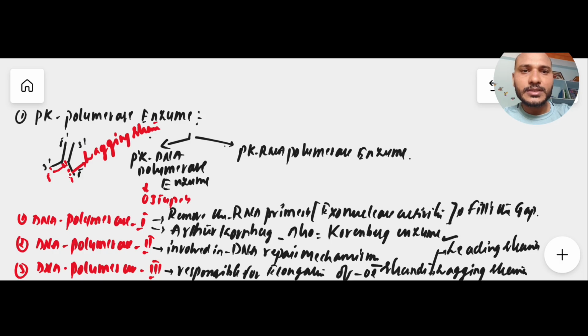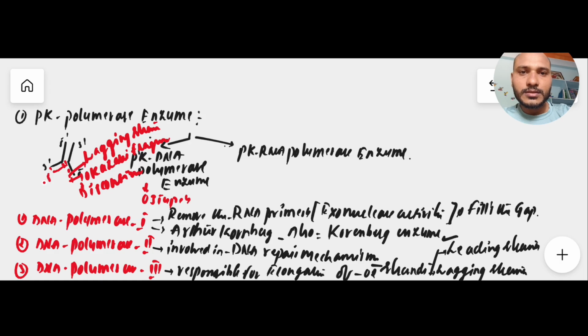The pieces of this DNA are called Okazaki fragments, and it is a discontinuous form of DNA strand.